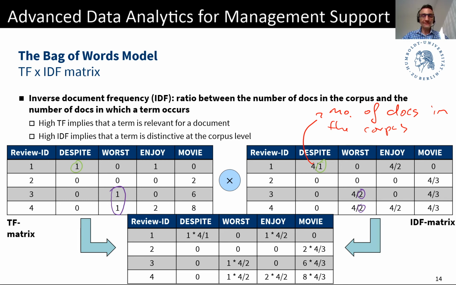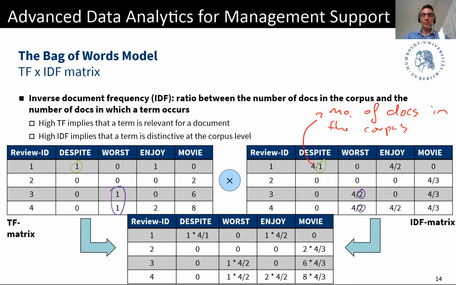A word like movie, which has low IDF score, relatively, that indicates that movie is not an interesting word because it's so frequent, it's always used. It shows up in every document or in pretty much every document, and therefore the fact that a document uses the word movie does not tell a great deal about this document.